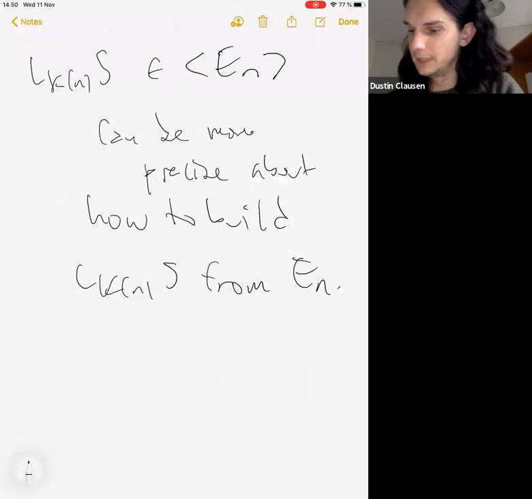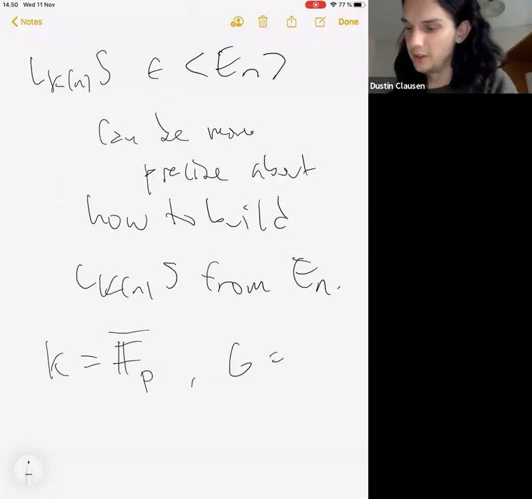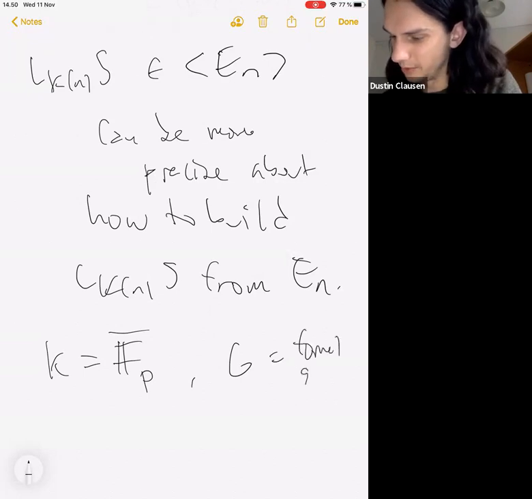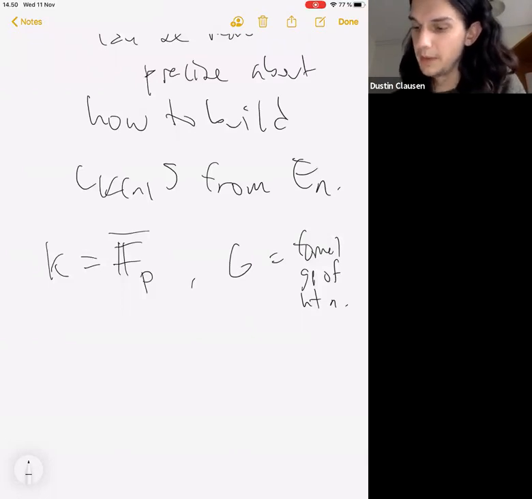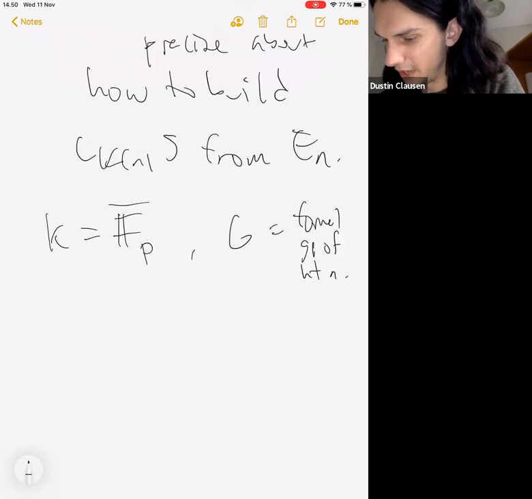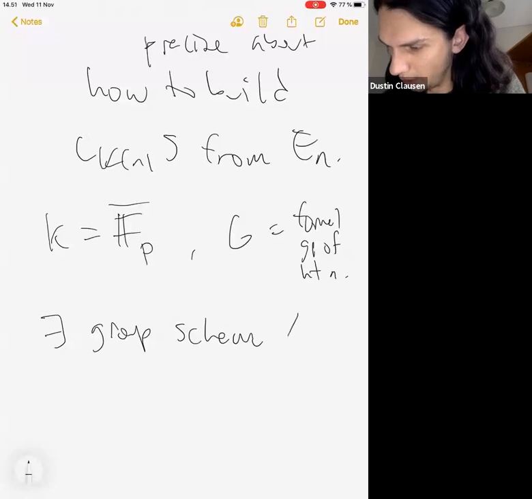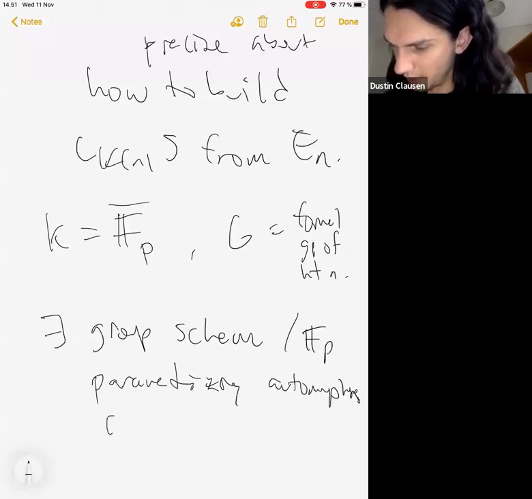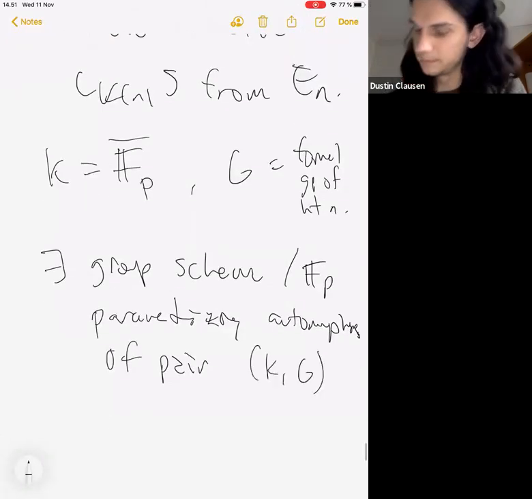So let's take K to be F_p-bar and G to be, well, there's a canonical formal group of height n, but okay, any formal group of height n. That's my K and G for building my Morava E-theory. And then there is an algebraic group, or group scheme, over F_p parametrizing automorphisms of the pair (K, G).